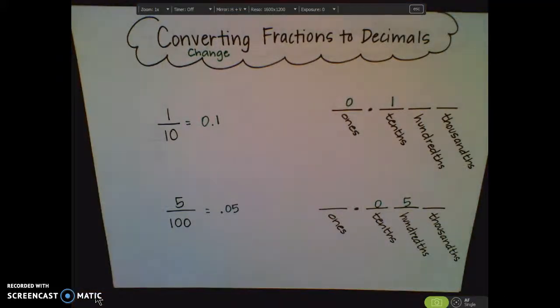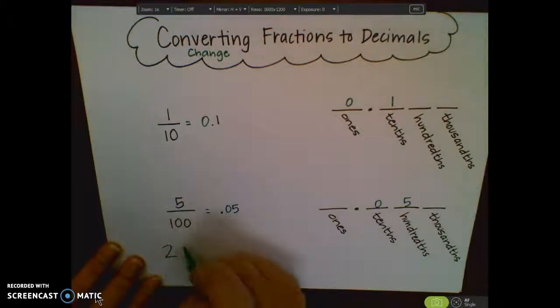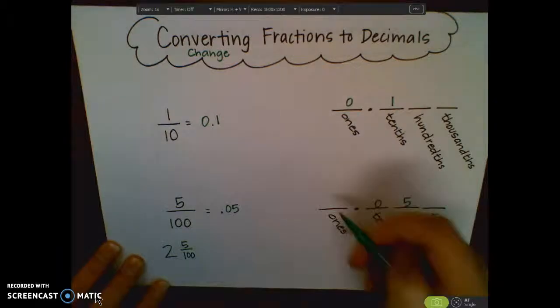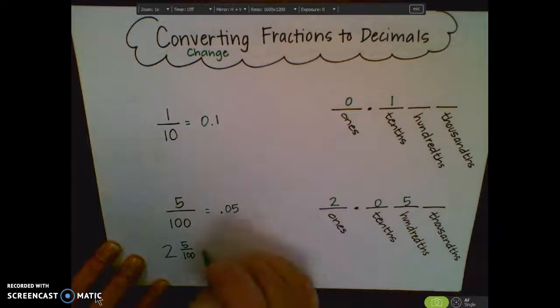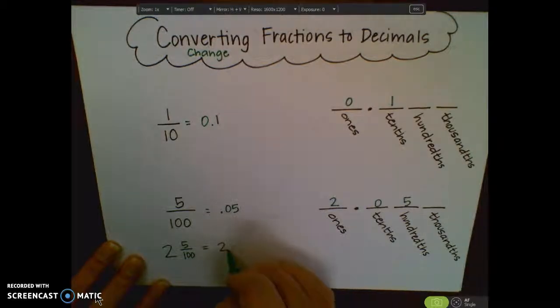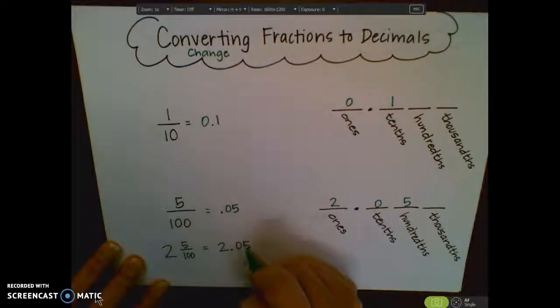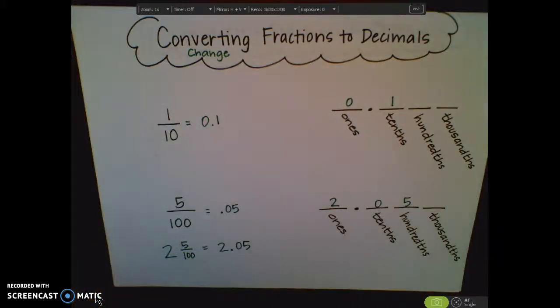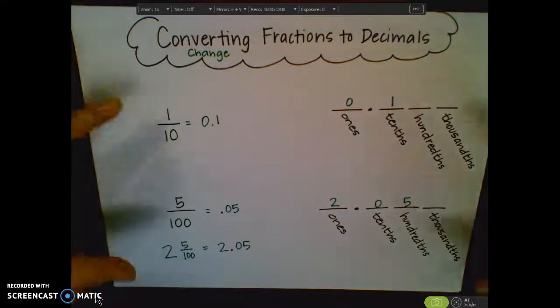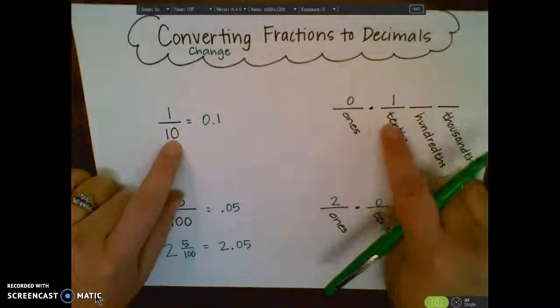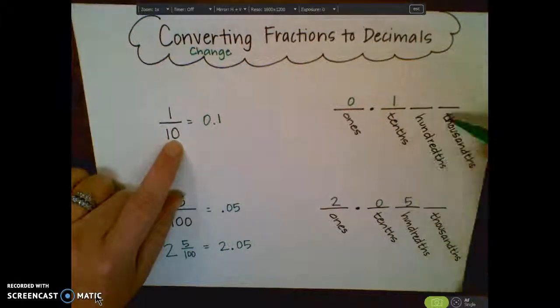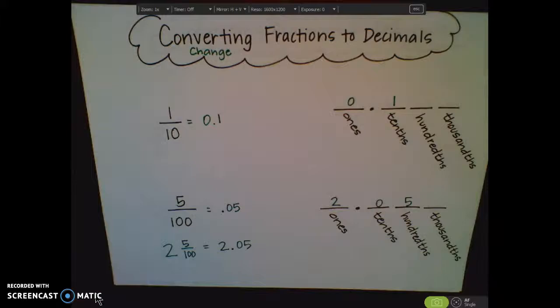However, if I have something like 2 and 5/100ths, then it's going to look a little different, because now I have two wholes, two ones, and then 5/100ths, and so my equivalent decimal is going to look like this. Still, it didn't require any kind of calculations or mathematical work. As I say them, I can put them into their proper place value locations, and voila, I'm done.